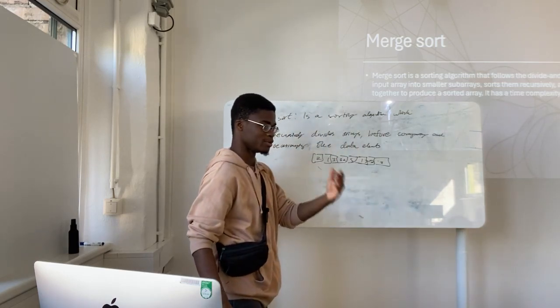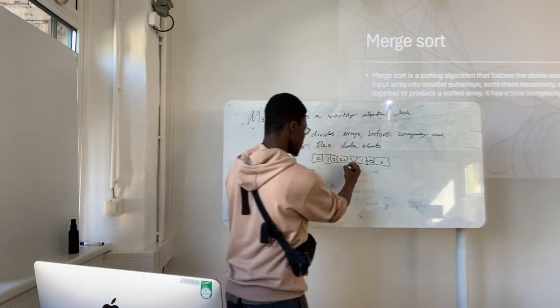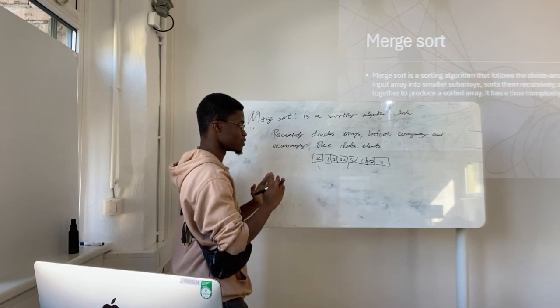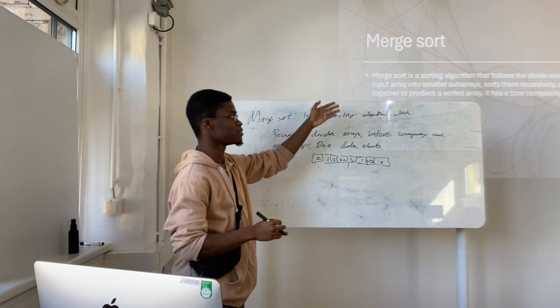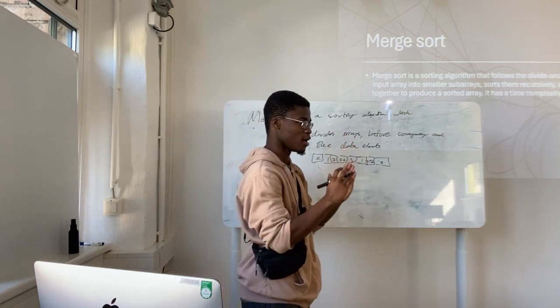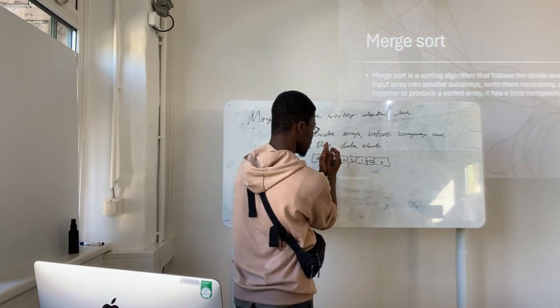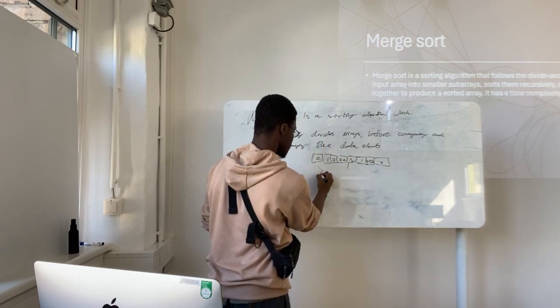It's a recurring thing. We cut data sets in half very often to make them more efficient, breaking the solution down into a smaller problem. That's the trademark of merge sort. It's a divide and conquer algorithm. So we divide this array in half, and we have 2 partitions.